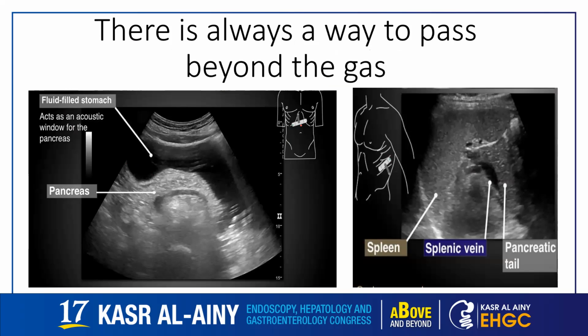The other possibility is to visualize the pancreas by placing the probe on the spleen and using it as an acoustic window. The pancreatic tail is usually visualized just anterior to the left kidney and under the spleen.